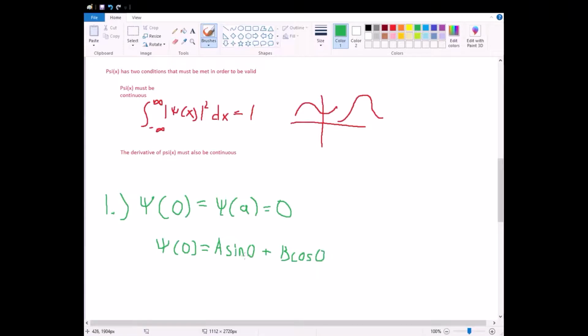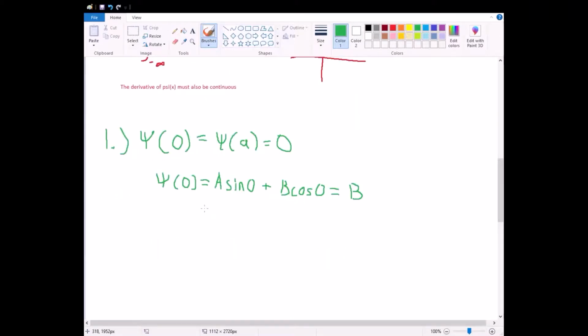Sine of 0 is just 0, cosine of 0 is just 1, so this equals b. Therefore, from this point, we necessarily require that b has to equal 0, because psi of 0 has to equal 0.